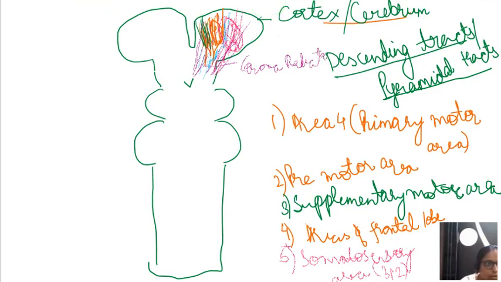I'll write it properly so that it is clear to you. Let's draw it with another pen. Right. It's corona radiata.